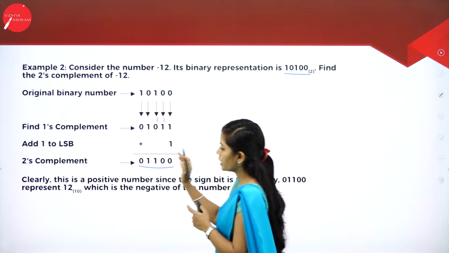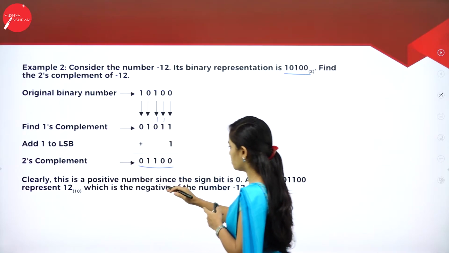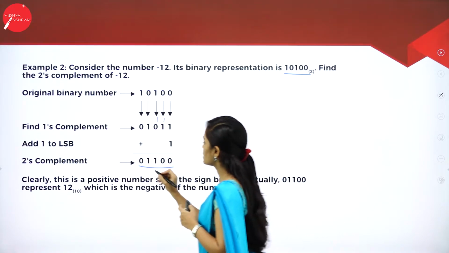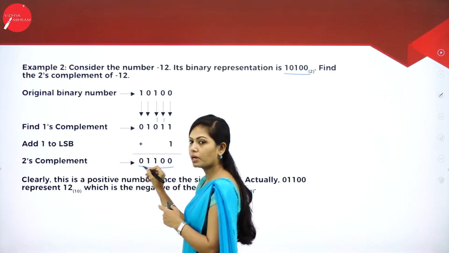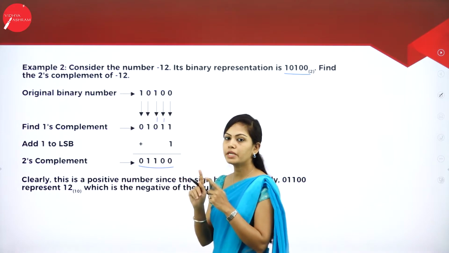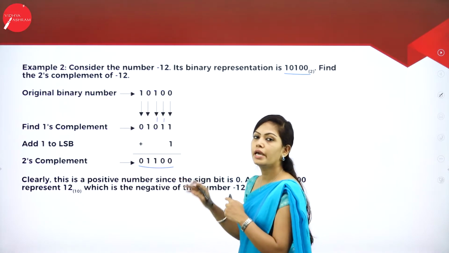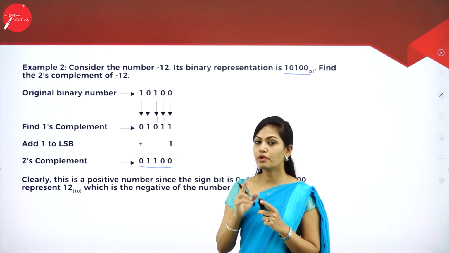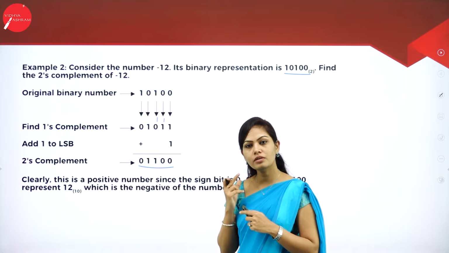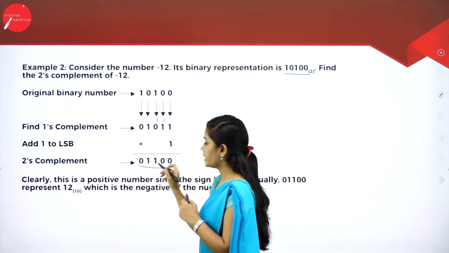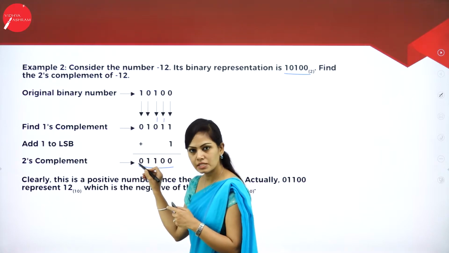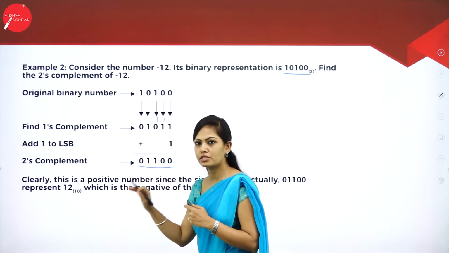And we will check whether this is a positive number. Why is it a positive number? Because your sign bit is 0. If your sign bit is 0, it is a positive number. If your sign bit is 1, this is a negative number. Here we have 0, 1, 1, 0, 0. So the sign bit is 0, so we can call this a positive number.